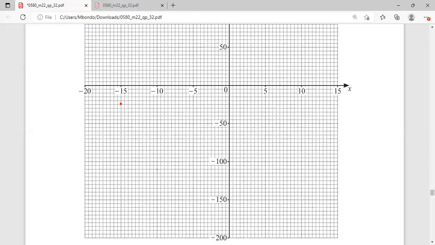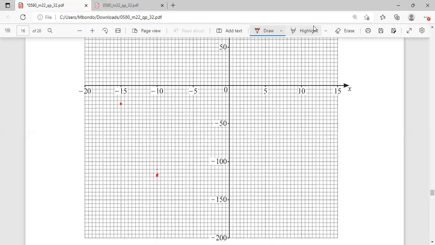It's not very clear. Let me erase these 2 points here. So this is where it is, this one.